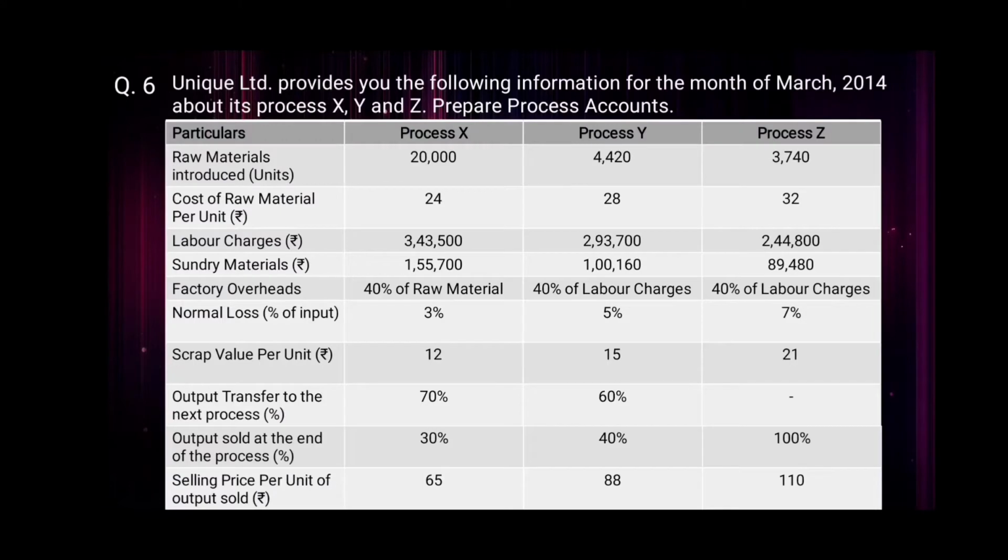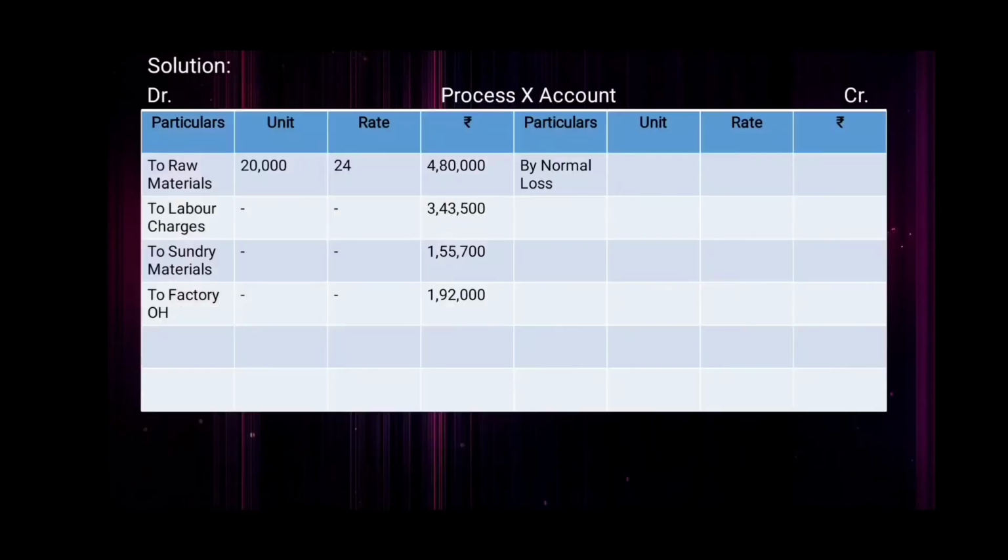Now normal loss, that is percentage of input for process X, is given as 3% and the scrap value per unit for process X is given as 12. So let us record it by normal loss 600 at the rate of rupees 12. So the total amount will be 7,200.